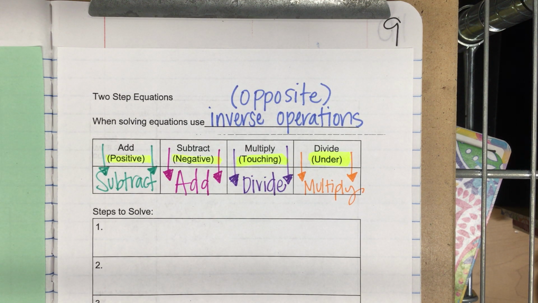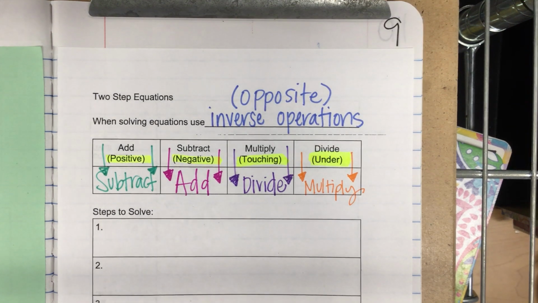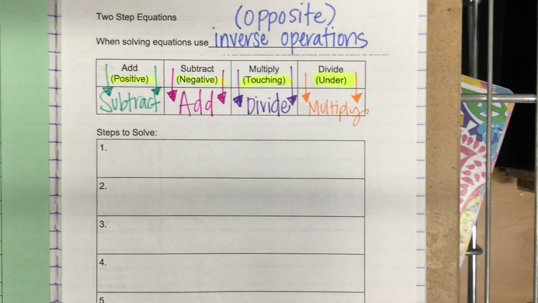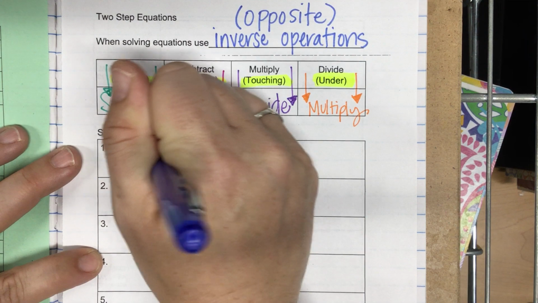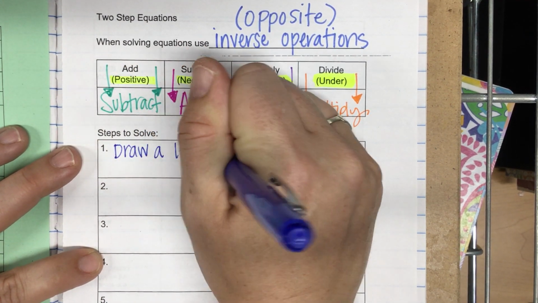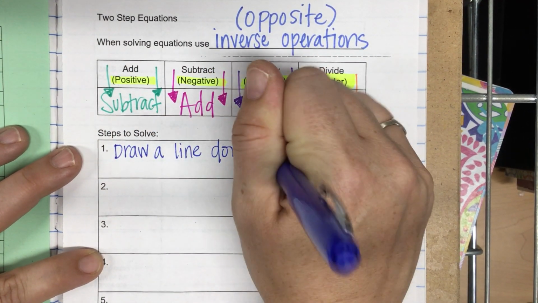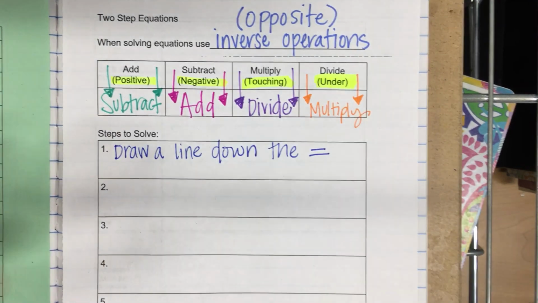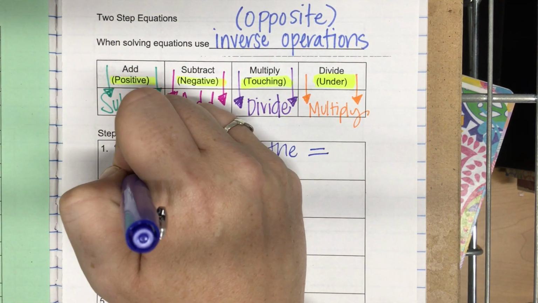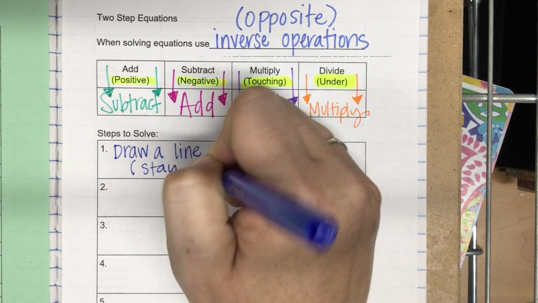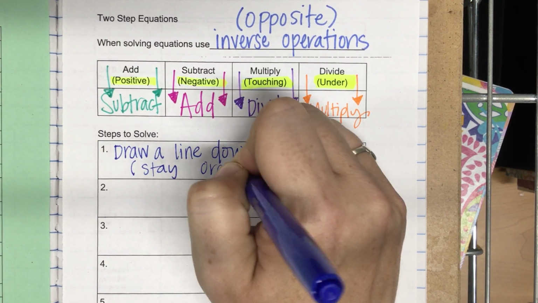So let's talk through our rules of solving. Step number 1. Draw a line down the equal sign. The reason we're doing this is because it helps us stay organized.